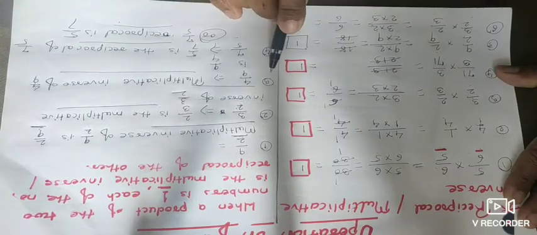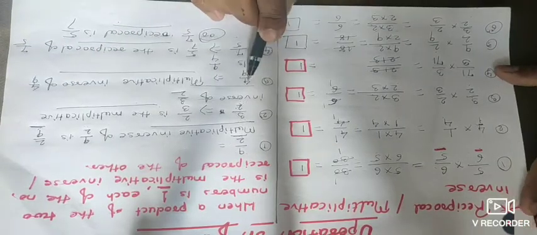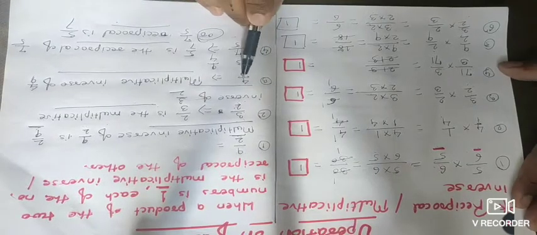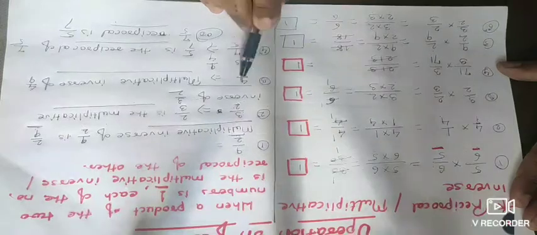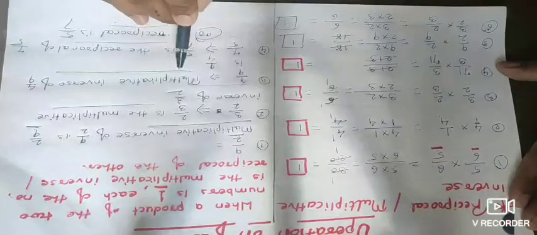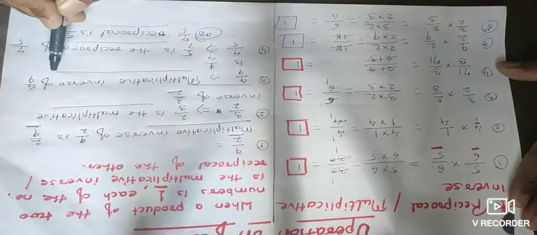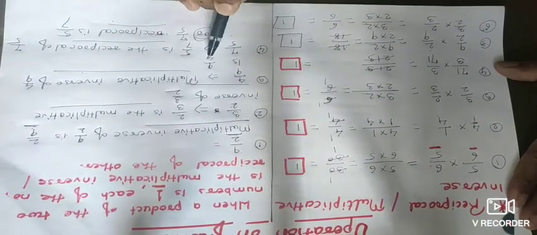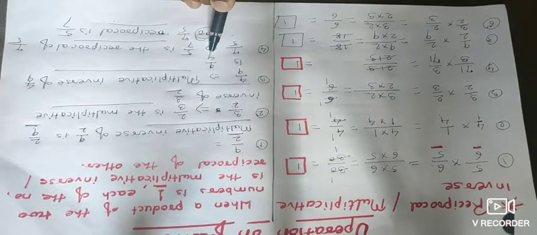Now if you take this example, third example, 4 upon 9. So 4 upon 9's multiplicative inverse is, yes, correct, it is 9 upon 4. And in sentence how we are writing this? The multiplicative inverse of 4 upon 9 is 9 upon 4.